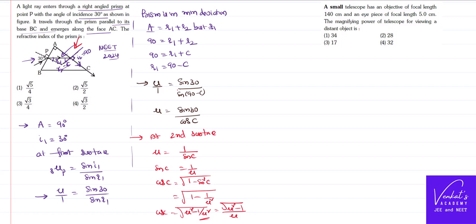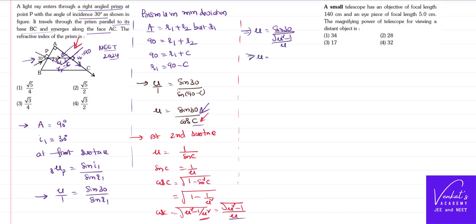That is cos C. Here you know the term cos C. We can substitute it back in that place. What happens in that case? From this equation, mu equals sin 30 by, in the place of cos C you can write, root of mu square minus 1 by mu.